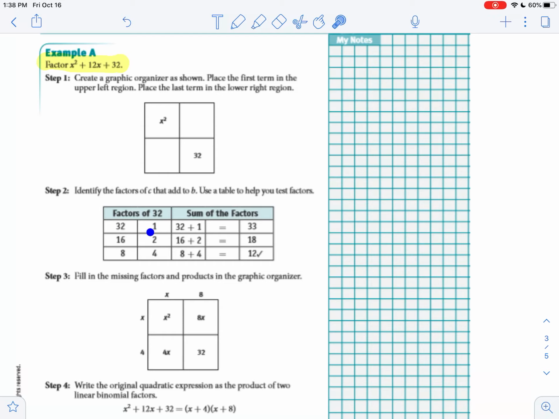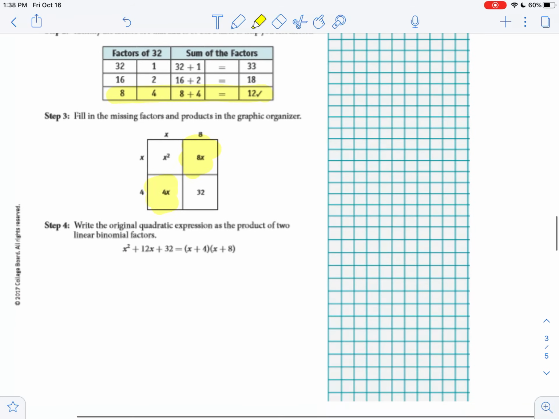So if we look at our little table, we can see factors of 32 include 32 times 1. But 32 plus 1 is 33, and we want to add to 12. 16 times 2 is 32, but 16 plus 2 is, again, not 12. So finally, we figure out it's 8 and 4. 8 and 4 multiply to 32, and they also add to 12. So that ends up becoming the winning combination.